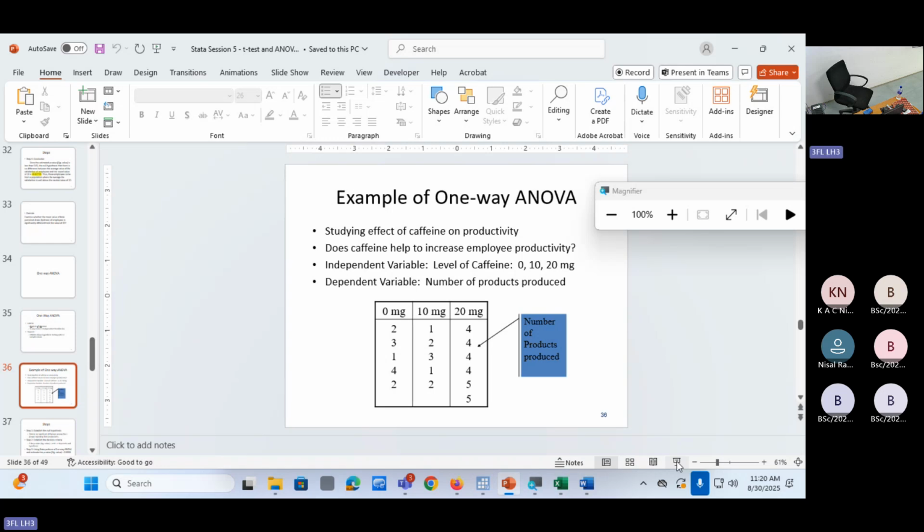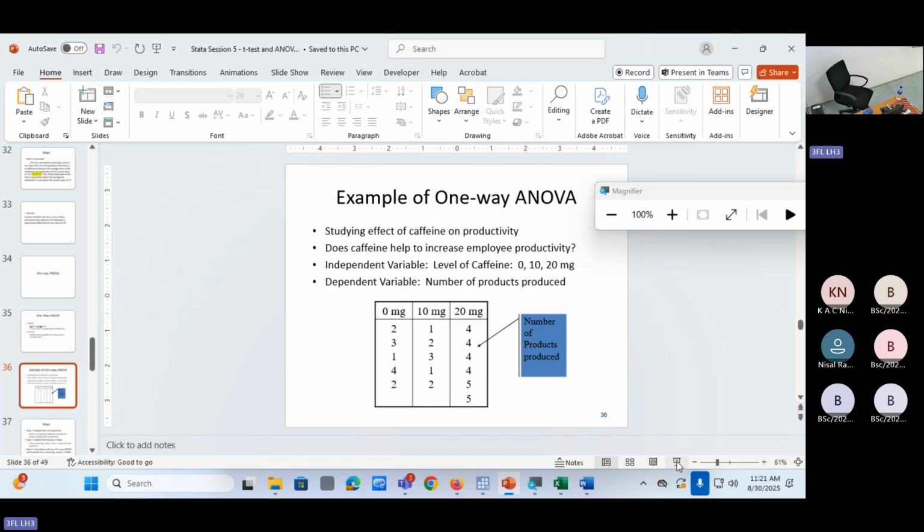Likewise, now here, decaffeinated coffee has 0 milligram of caffeine. So here you can see there are 3 independent groups: 0 milligram caffeine, coffee with 10 milligram, and coffee with 20 milligram. They were given this caffeine and their productivity levels were measured.